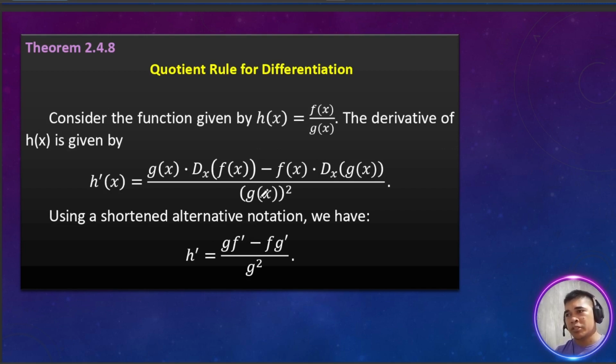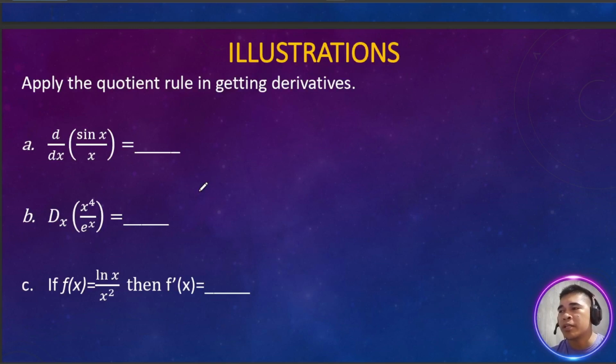So you can have a certain alternative notation since medyo taas ni. So you have h prime is equal to g times f prime minus f times g prime all over g squared.